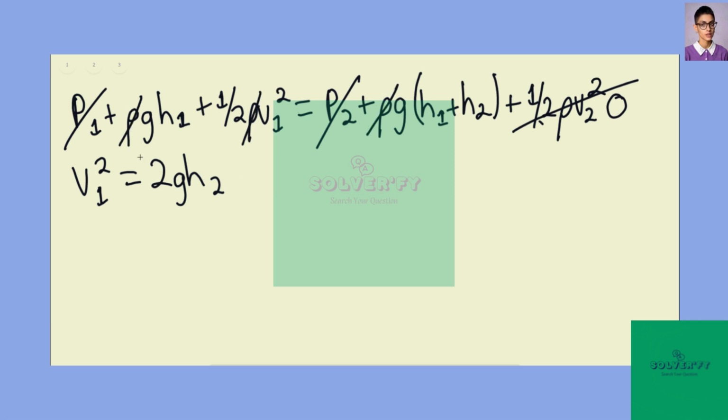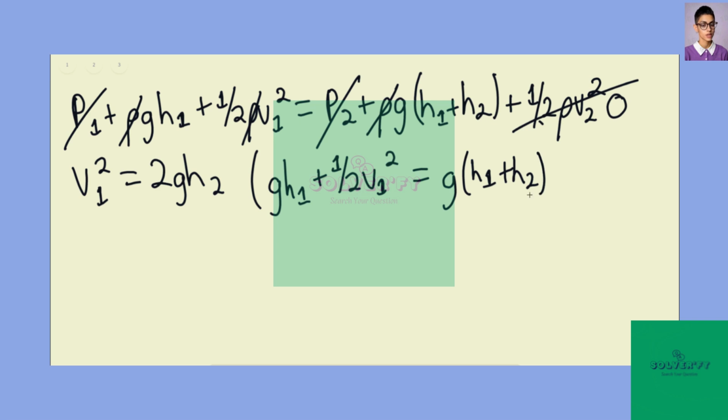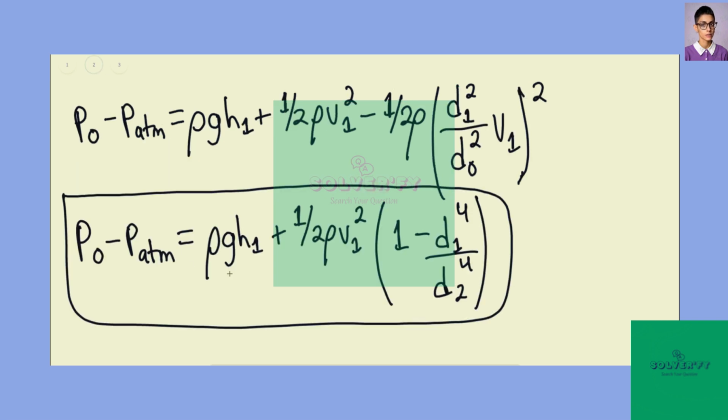So we're getting from that g h sub 1 plus 1/2 v sub 1 squared equals g h sub 1 plus h sub 2. So that's essentially how we were to find that the v sub 1 squared equals 2 times g h sub 2. And now we can use this in this equation.